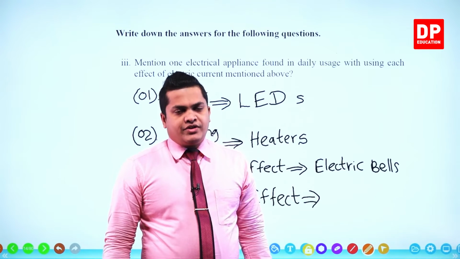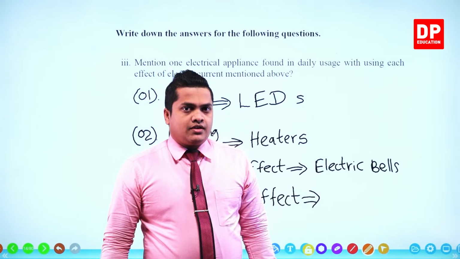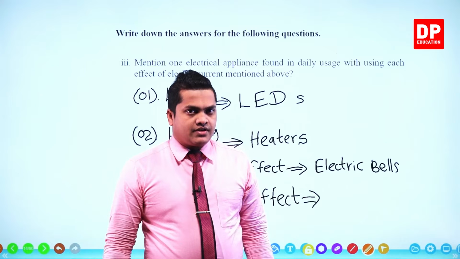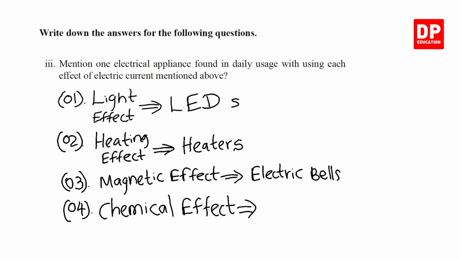Okay, so when you take chemical effect, especially in electroplating and electrolysis, we can observe the chemical effect. I told you that, right? Especially in electroplating and electrolysis we use chemical effect.